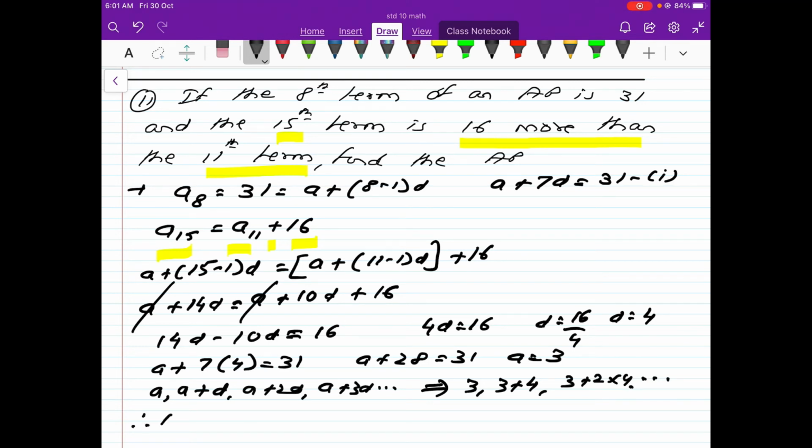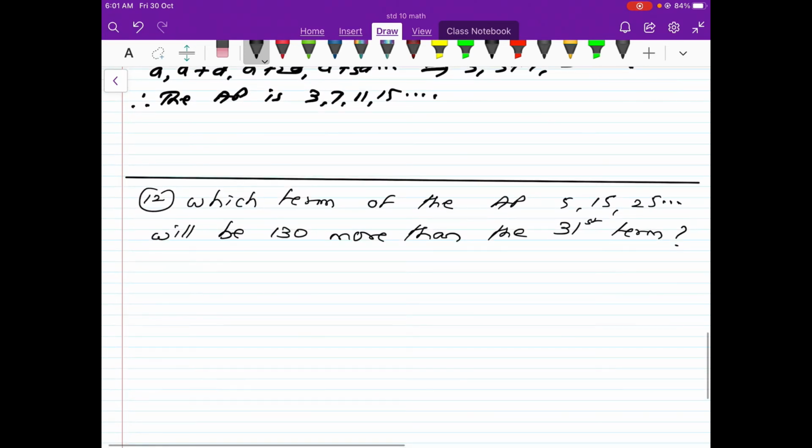So we can say the AP is 3, 7, 11, 15 and so on. So from the given data we found A, we found D, then we found the AP. So the next term is like this.